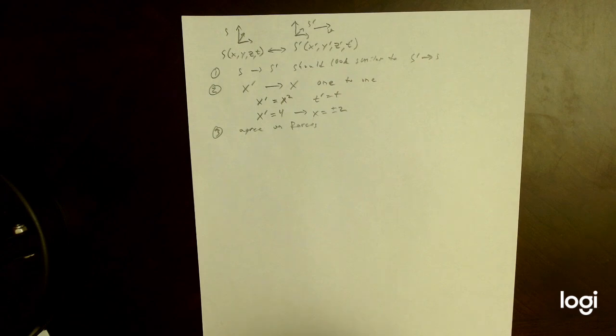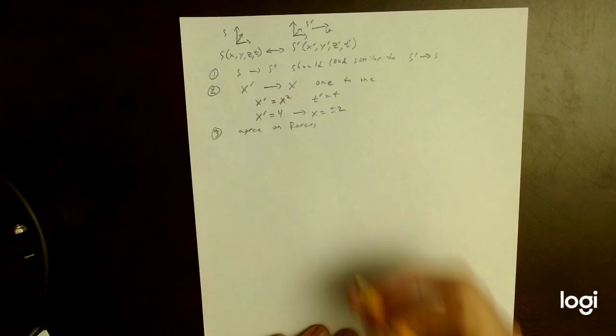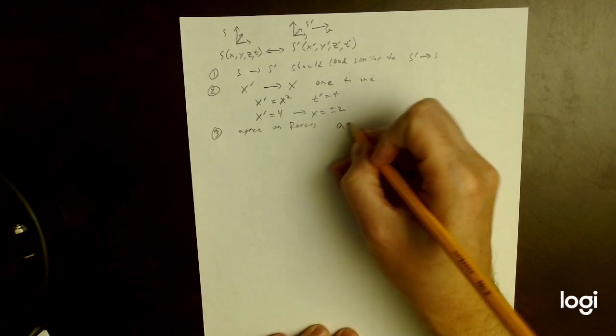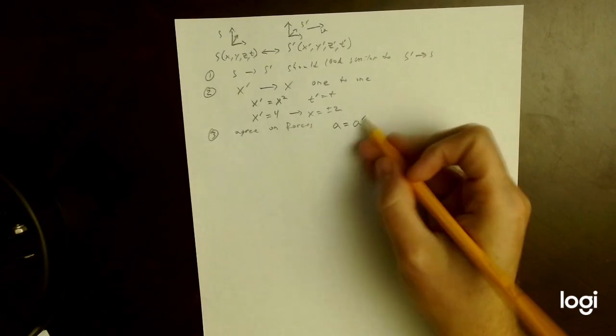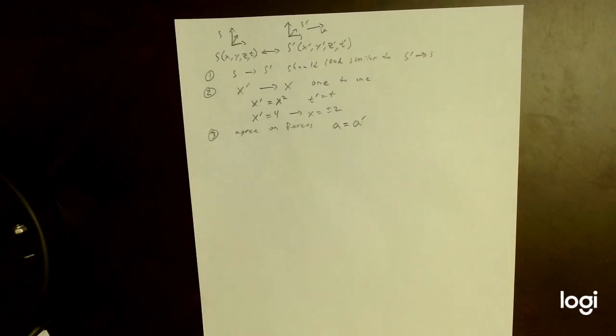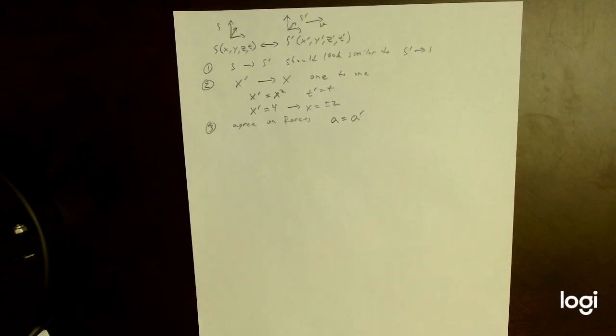So you're both in what we would call inertial frames. You should agree that the acceleration you experience would agree with this other person moving relative to you. They will also experience those same accelerations so that we have the same forces.